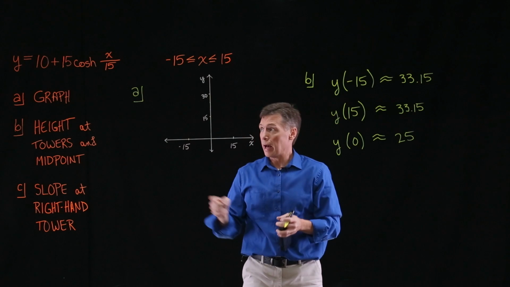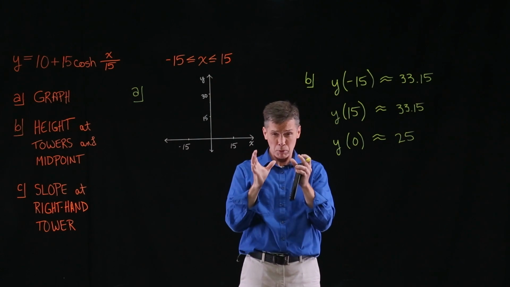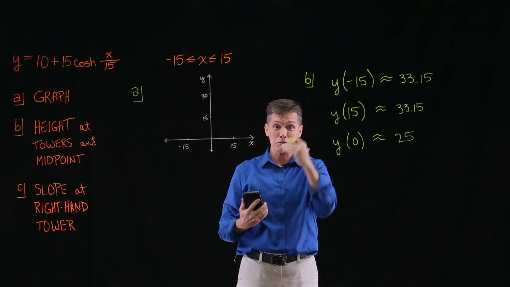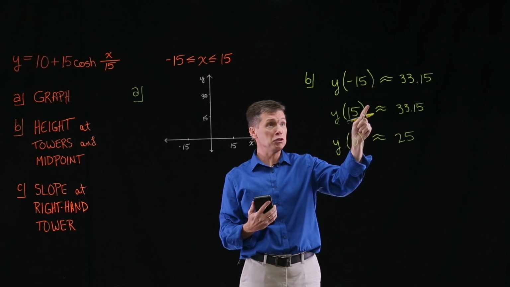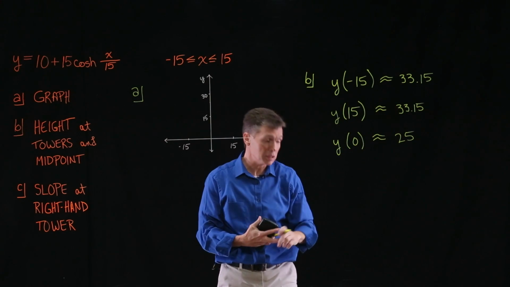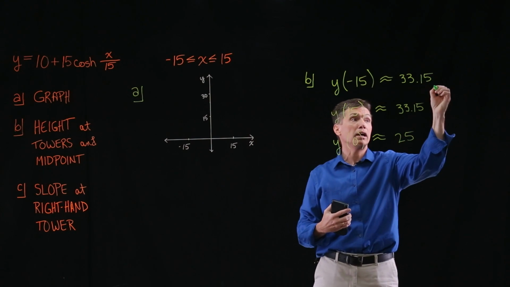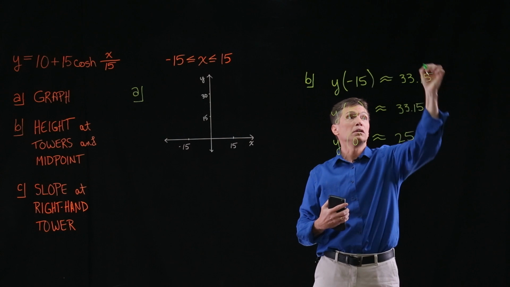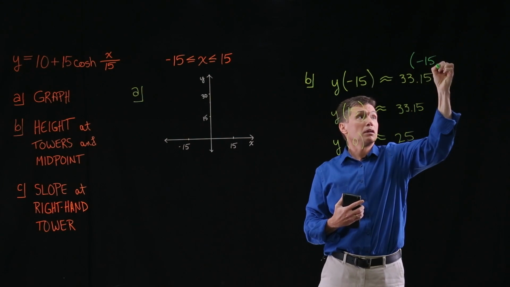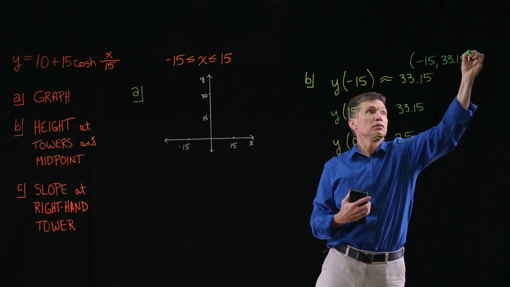Okay, now I get to go back to part A, I told you we'd come back to it. We can graph this with a much better feel for where the cable is hanging from and how far down it's hanging, because I have these points. Negative 15, comma 33.15. You do realize these are XY points here, right? Negative 15, comma 33.15.